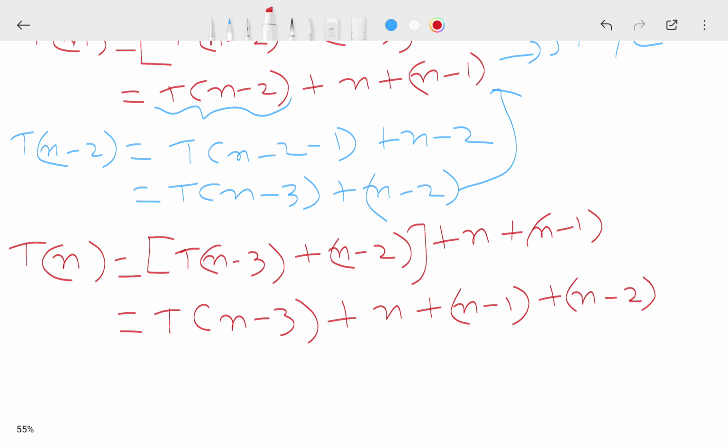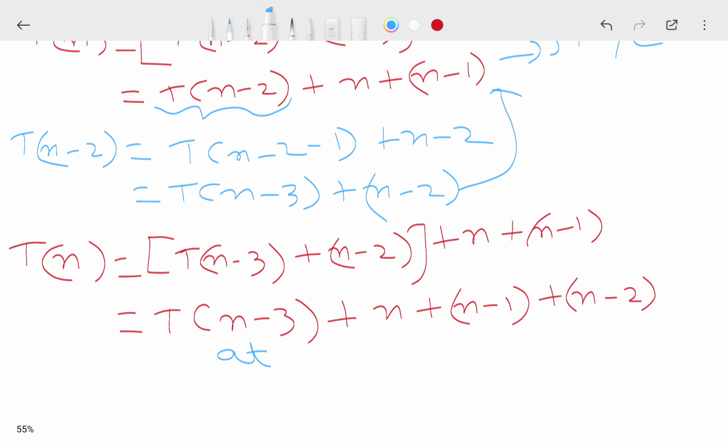In the next step, if you reduce the T of n minus 3, it will give T of n equal to T of n minus 4 plus n minus 1 plus n minus 2 plus n minus 3. If we follow the same pattern, we can form the value of T of n at step k.